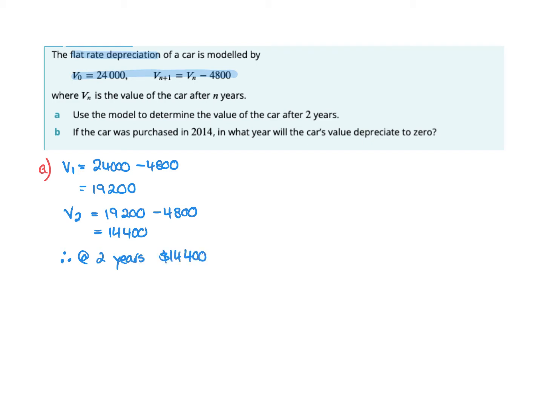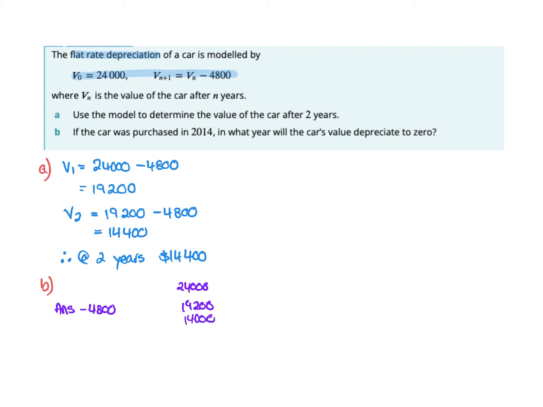Okay, and then B: if the car was purchased in 2014, in what year will the car's value depreciate to 0? So you can just keep clicking on your calculator. If you'd set up your calculator that recurrence way, you would have typed in 24,000, and then answer minus 4,800, and you would have seen these ones clicking over.